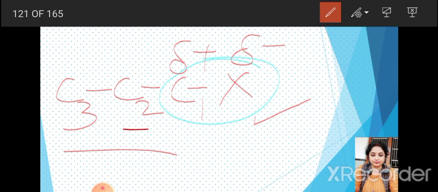What will happen to C2 now? It is now plus. So this carbon will attract the electron of C2. A small positive charge and negative charge has been developed on carbon and X.